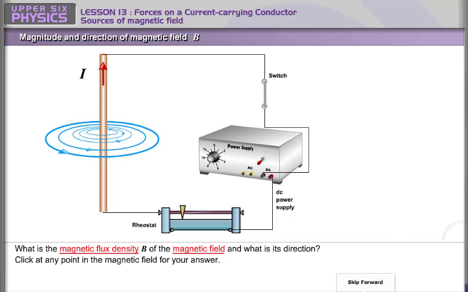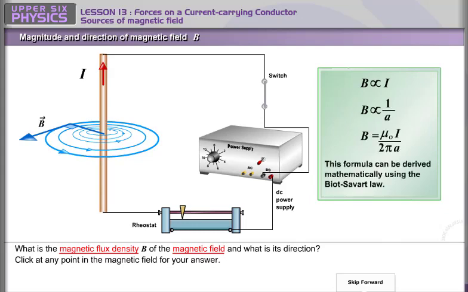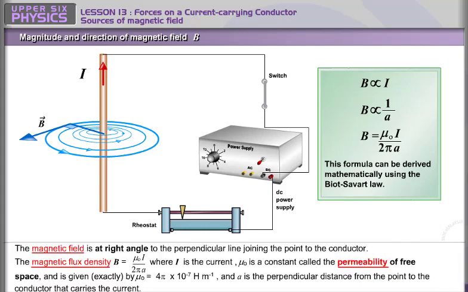What is the magnetic flux density B of the magnetic field and what is its direction? Click at any point in the magnetic field for your answer. The magnetic field is at right angle to the perpendicular line joining the point to the conductor.